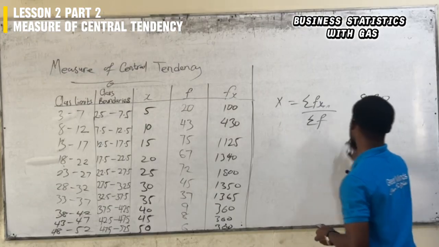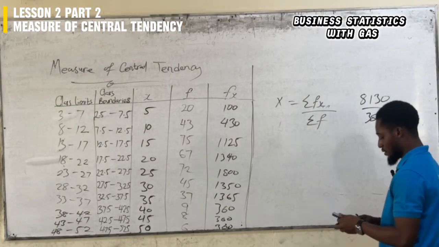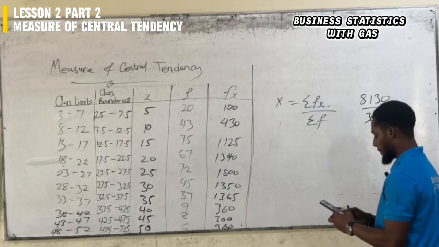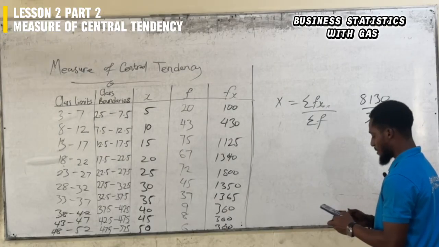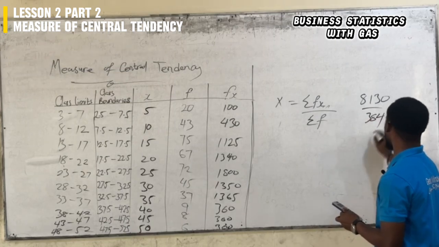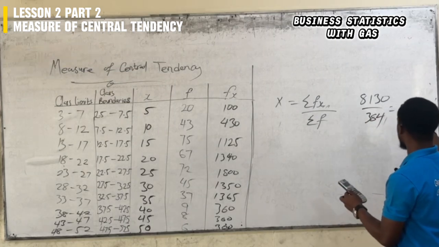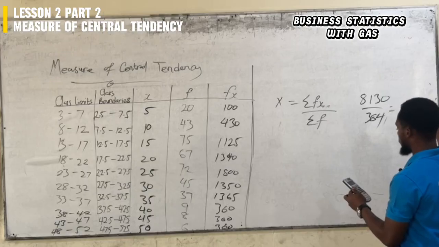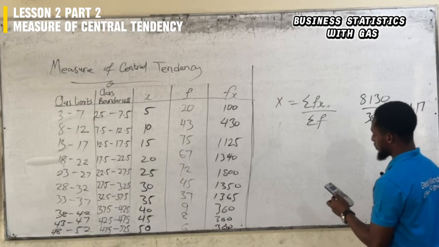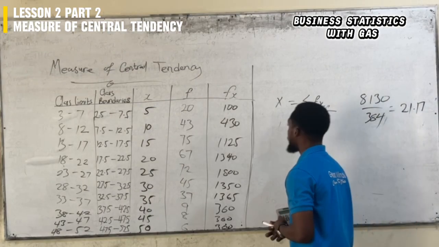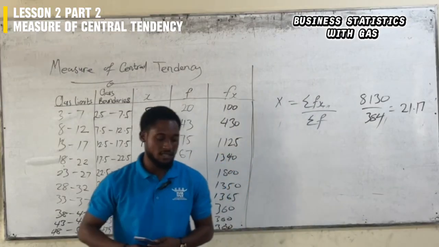So now we have our sigma f and our sigma fx. Let's divide our sigma fx by our sigma f, and we are getting 21.17 as our arithmetic mean.